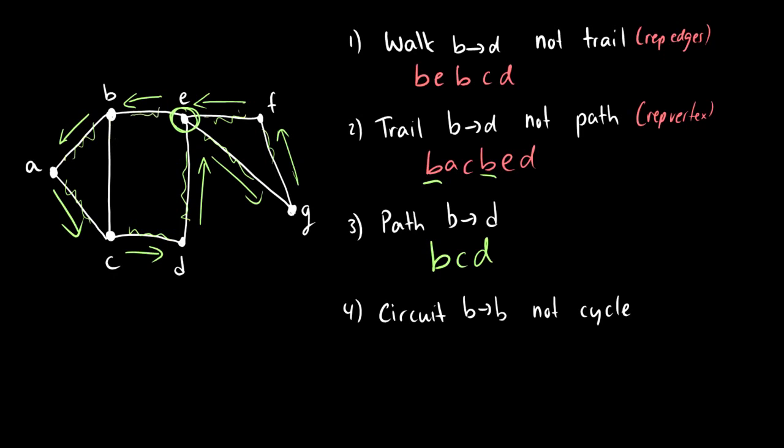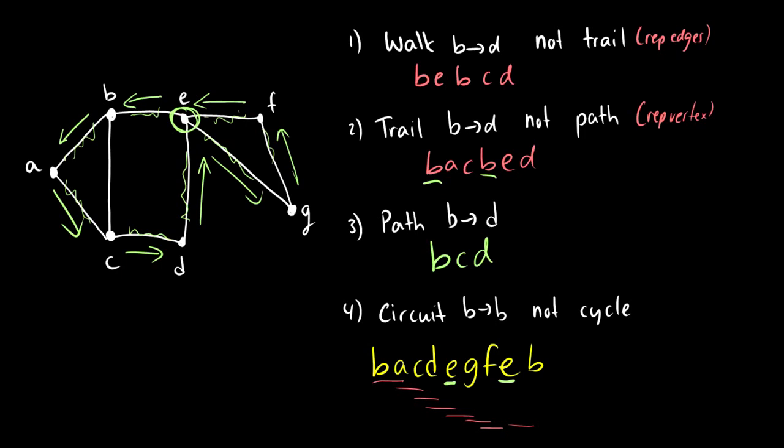So your answer here is going to be B, A, C, D, E, G, F, E, B, where E has been used twice. And if you take a look at the pair of edges that we use, we never use the same one twice. So that's another way of looking at things.